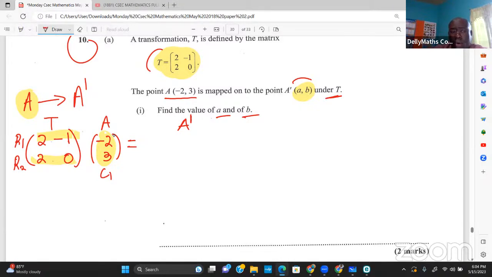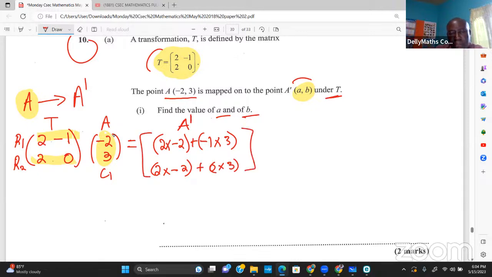So row 1 times column 1, 2 times -2 plus -1 times 3. Underneath that, row 2, column 1, 2 times -2 plus 0 times 3. Let's see what we have. 2 times -2 at the top, that's -4.